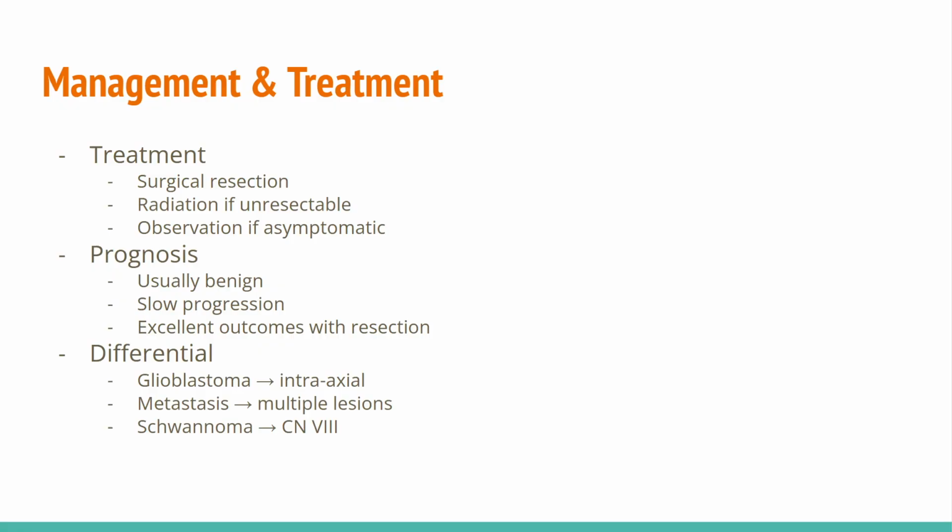And so the primary treatment is surgical resection. Because they're so benign and well circumscribed, it's usually a pretty successful outcome. The prognosis is very good since it's a benign tumor, and like I mentioned, the surgeries are usually successful.